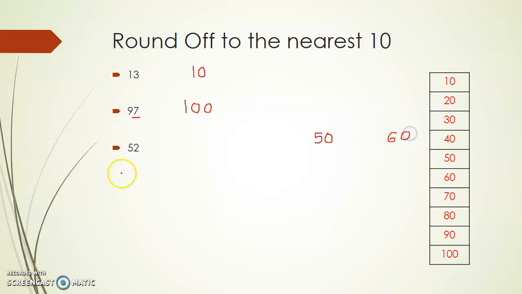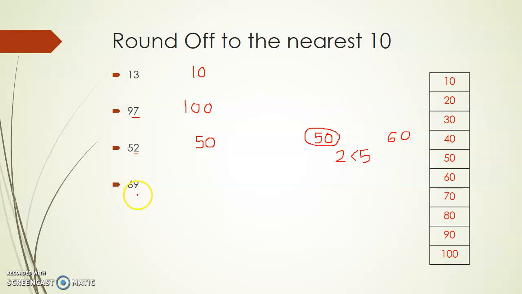Look for the digit in the ones place. To round off to the nearest 10, we look for the digit in the ones place. The digit in the ones place is 2. 2 is less than 5. Less than 5 means the lower range, that is 50. So 52 rounded off to the nearest 10 is 50.